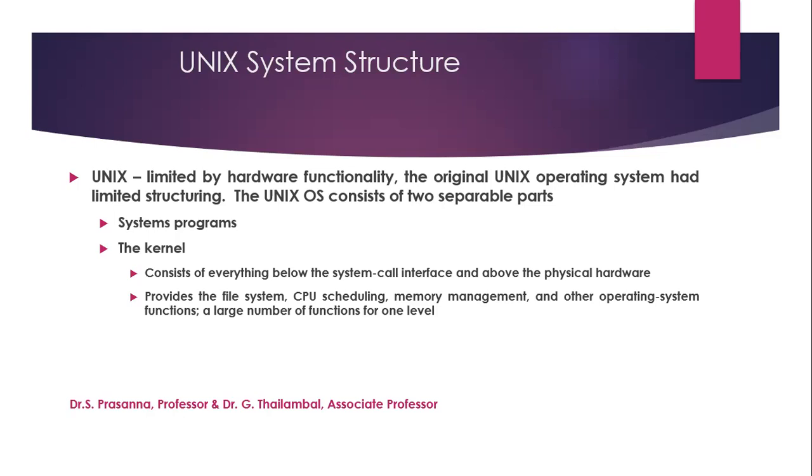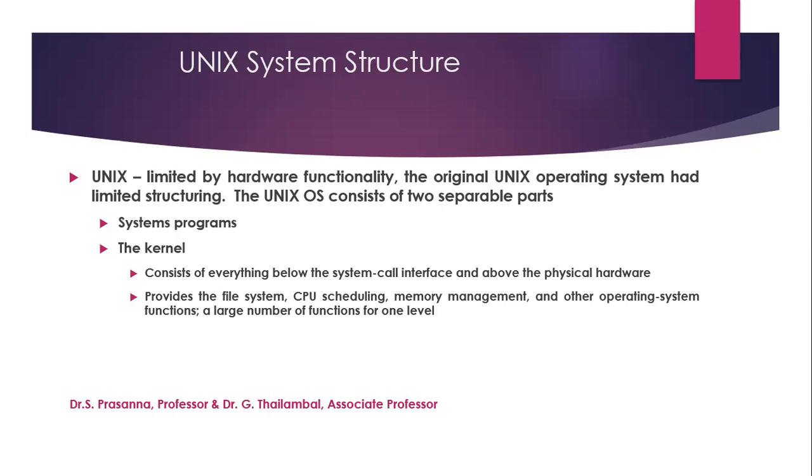Even if some applications are not running, the kernel has to run continuously until you shut down your processing, and it provides the file system, CPU scheduling, memory management, everything. Every operating system has a large number of functions, even for one level of the types of programs you use.